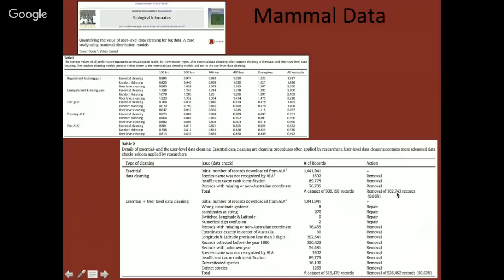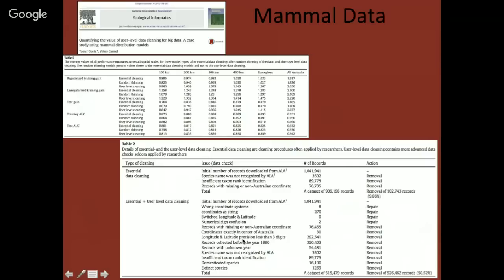Sorry, 102,000. But then when they take some more drastic steps, for example, removing the wrong coordinate systems, removing some problems with specification of coordinates, it looks like none had latitude and longitude switched, but there was numerical sign confusion.